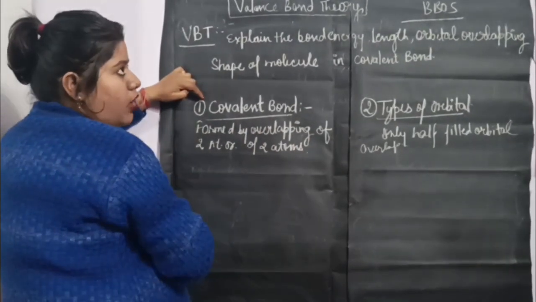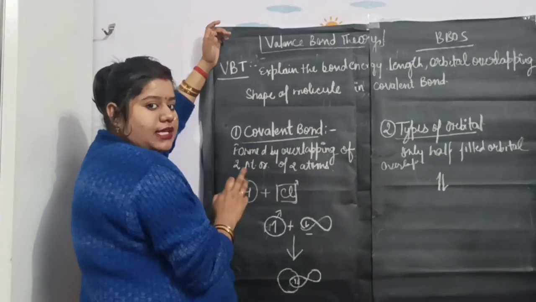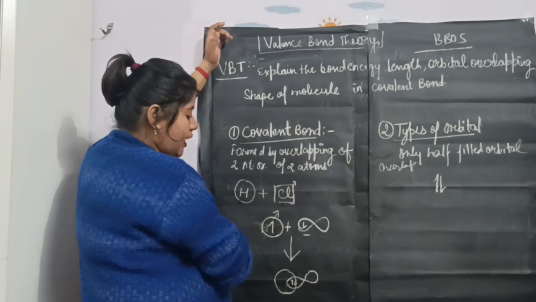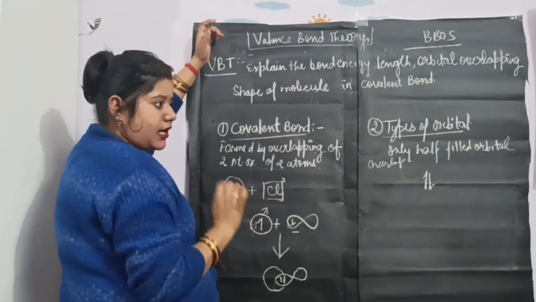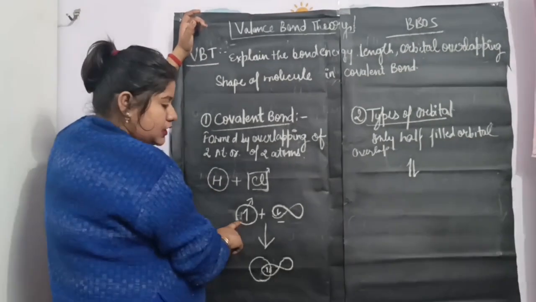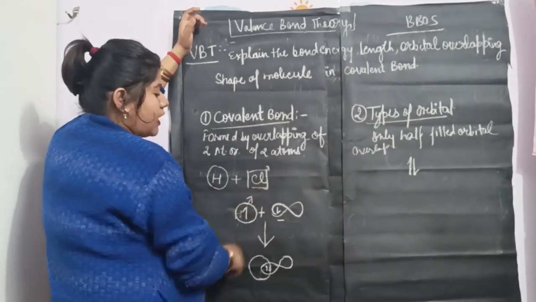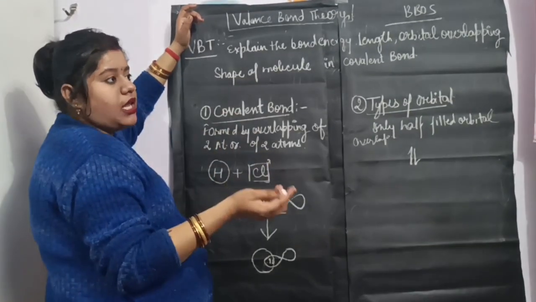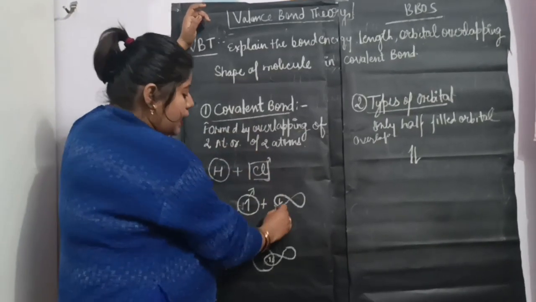So how does the covalent bond occur? Let me consider an example. We take a hydrogen atom and a chlorine atom. We all know that the hydrogen atom's last electron is present in an s orbital, and the chlorine atom has only one unpaired electron in the outermost shell, present in the p orbital.